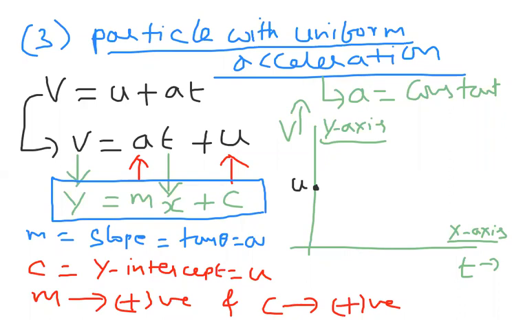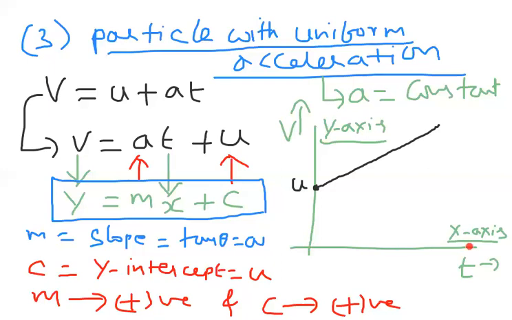Observe carefully. The c value is u, and u is positive. So we have to draw the graph from a point on the positive y-axis. Let me draw here. And slope is positive. Positive slope indicates that with respect to time, velocity is increasing.